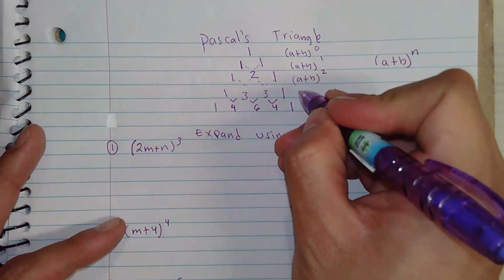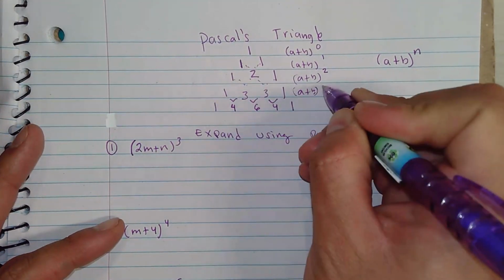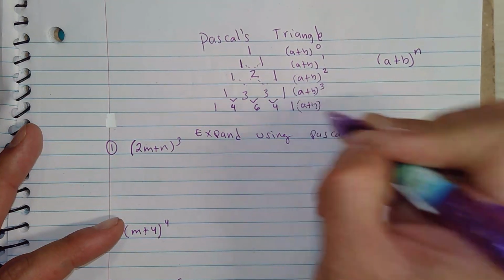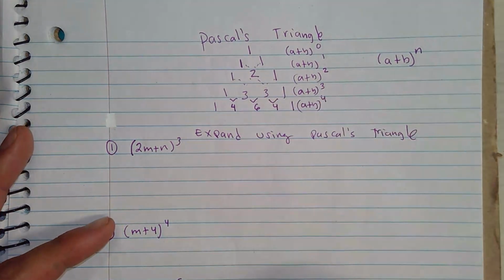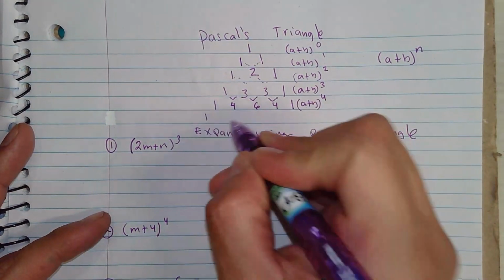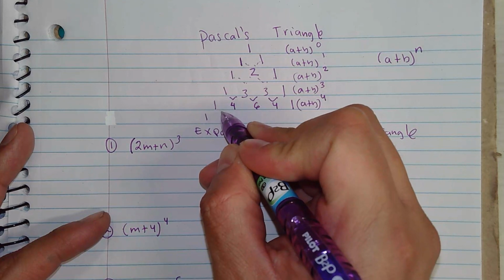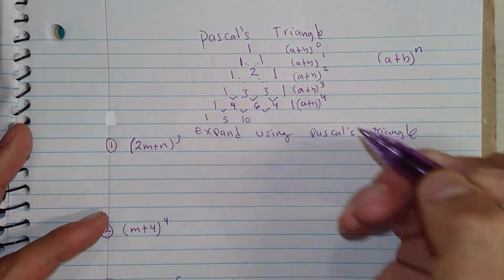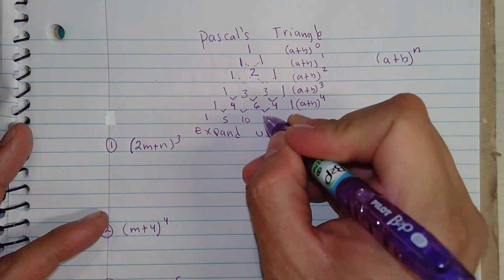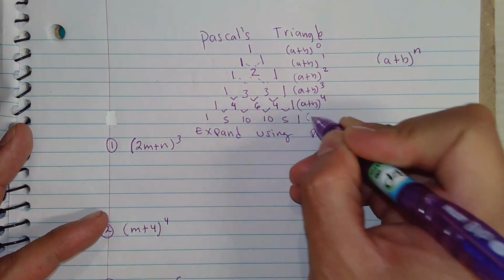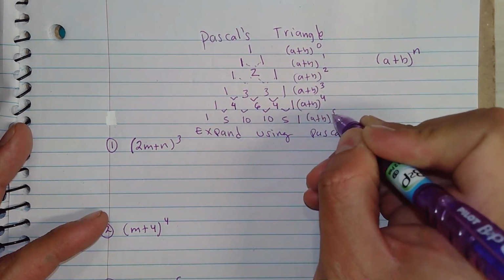So this will be (a+b) to the third, (a+b) to the fourth, and we're going to do another one, 1, 5, 10, 10, 5, and 1. That would be (a+b) to the 5th power.